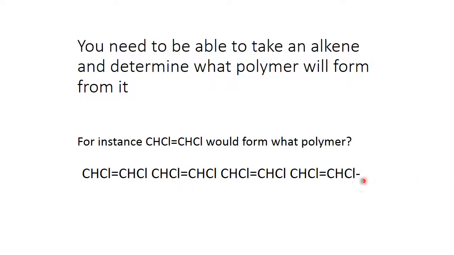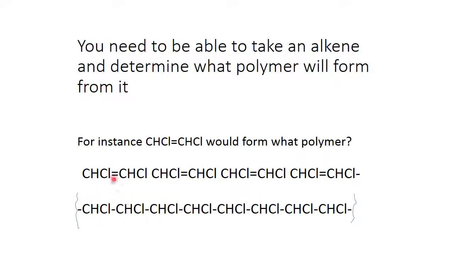And then what we'll have is, of course, the ends will be connected to something, so we show that by showing that they're connected to something. And so what would we see next? After we erase the bond here, notice it's erased, we connect it to here. And this is saying it's connected to some other junk over here. That's all that this is saying. So then here's the monomer. The double bond is gone, and now there's a bond between this and this monomer.